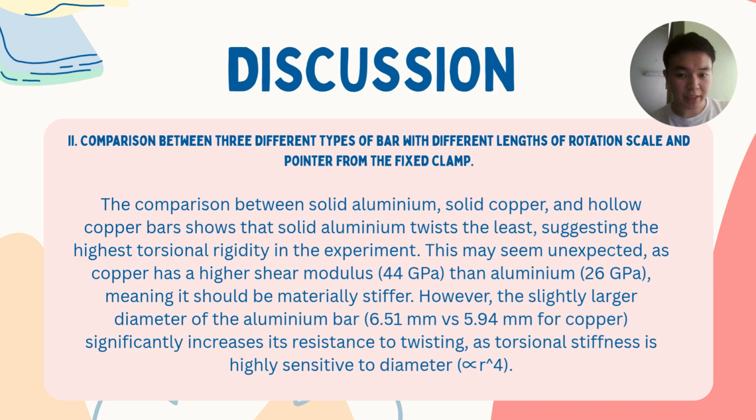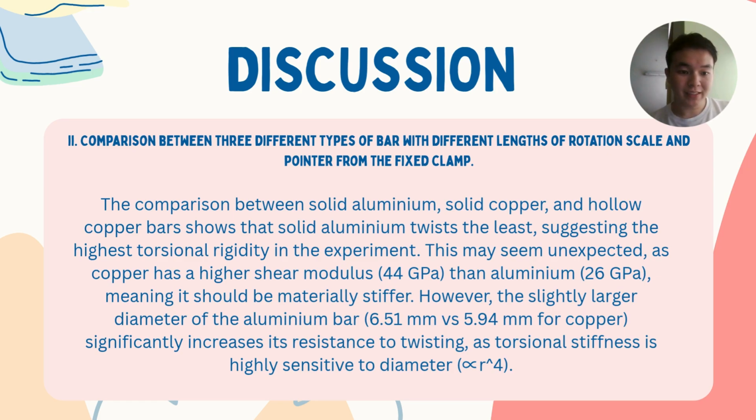This may seem unexpected, as copper usually has the higher shear modulus, which is around 44 GPa, than aluminium, which is 26 GPa, meaning it should be materially stiffer, but based on our result, it's the other way around.